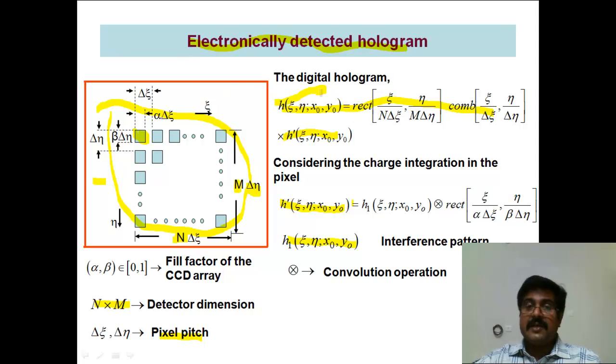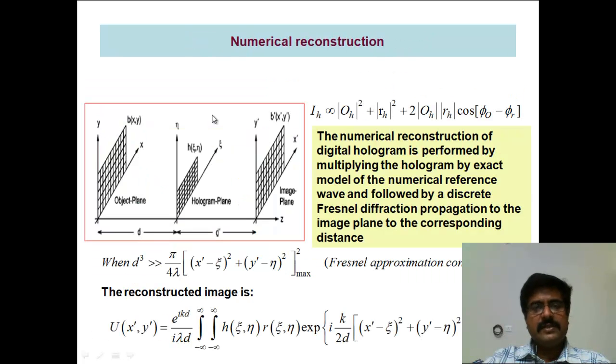This can be represented by the rect function, the pixel level, and the comb function, the repeated structure. Once after detection, the digitized real valued images are stored in the computer. They are digital holograms.